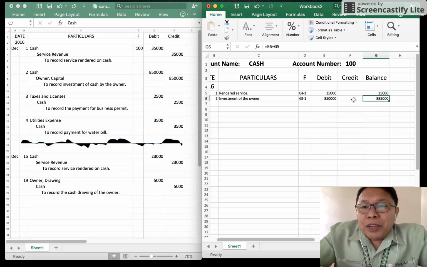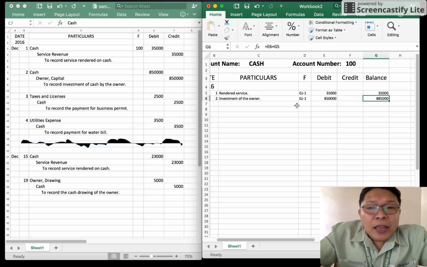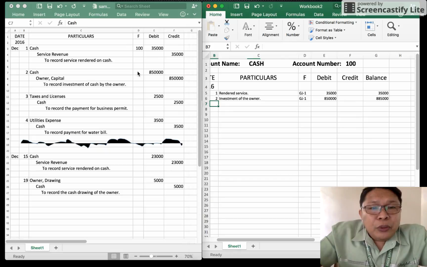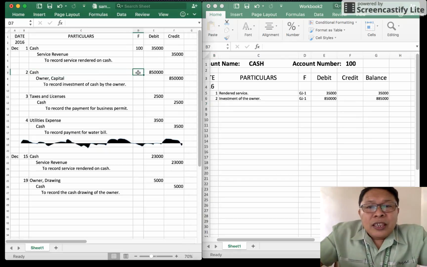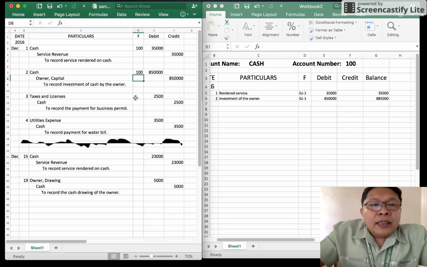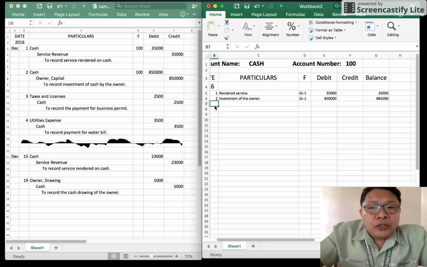If it happens that one value appears on the other side, you need to deduct that amount. Okay? Let's consider the third appearance of cash. By the way, this is already entered in the ledger. Therefore, we now have to write the account number 100 as it is already transferred.